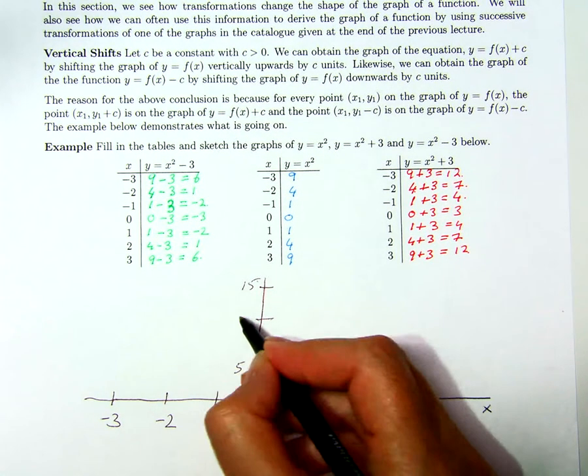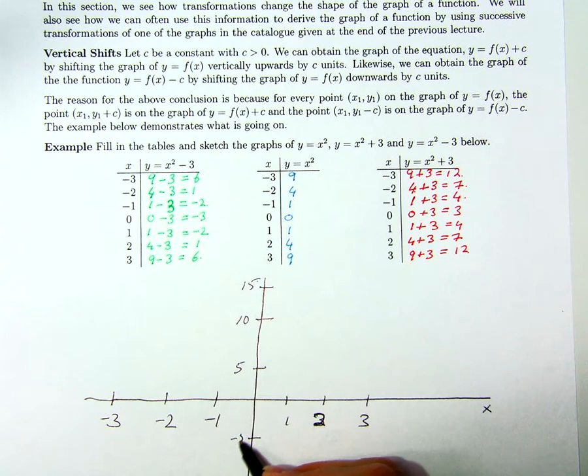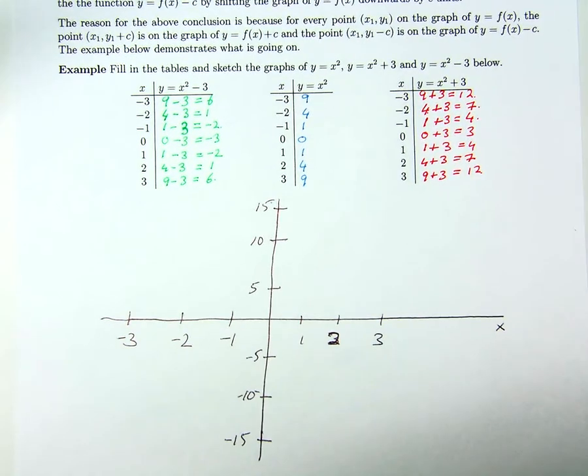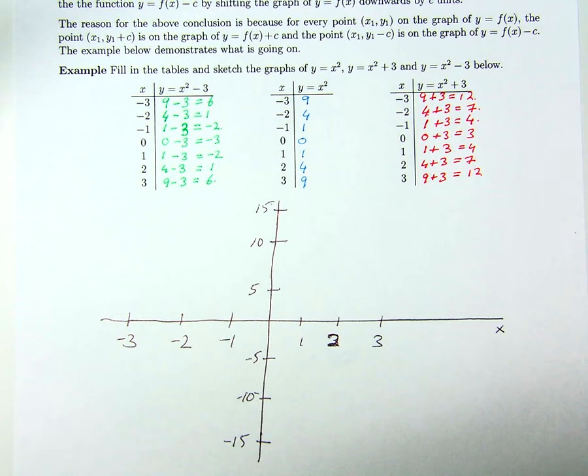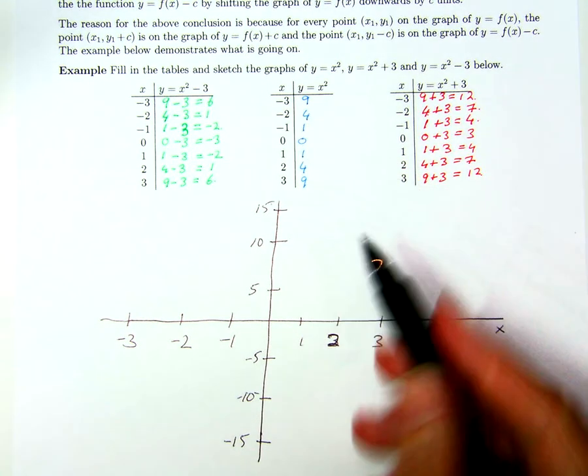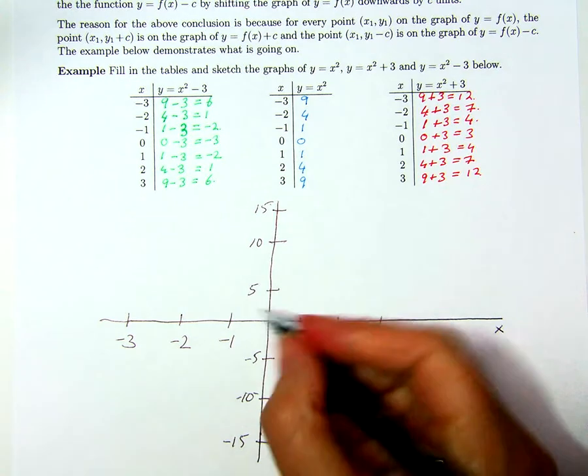We'll take blocks of 5 here on our axis. Okay, let's graph x squared as we did before using our join the dots method.